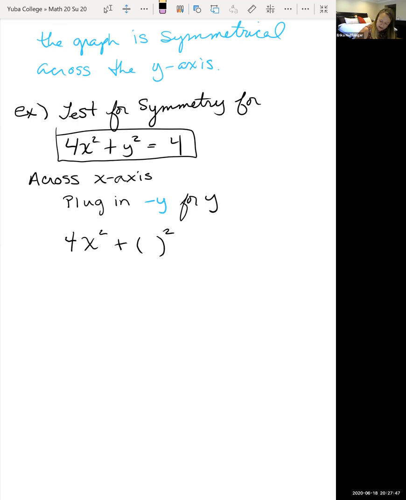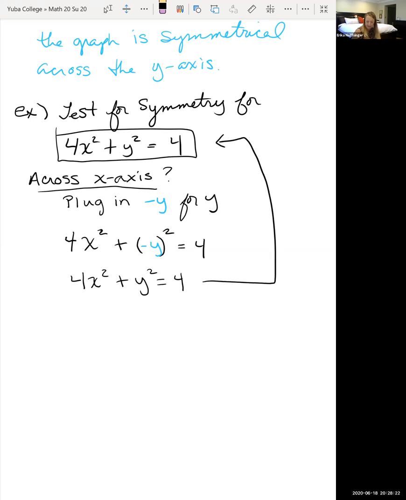And so replace that and plug in a negative y into that parentheses. Well, notice that we can simplify this a little bit. Negative y times negative y, that's the same thing as positive y squared. So we could rewrite this as 4x squared plus y squared equals 4. So looking to see if it's symmetrical across the x-axis, yes.